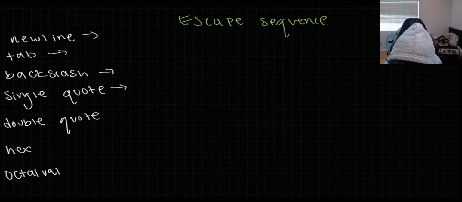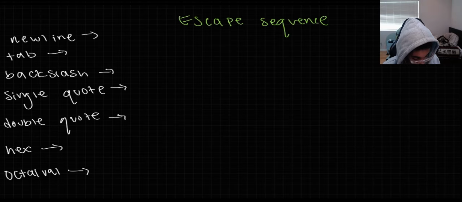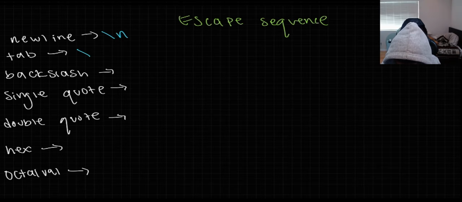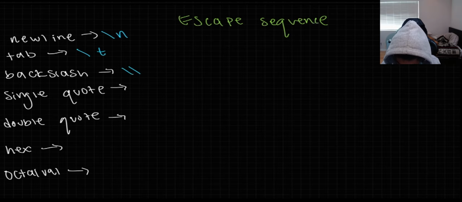For a new line, all you have to do is \n, for tab, \t. For the backslash, it's double backslash. For the single quote, it is backslash, single quote, and double quote is the same thing, backslash, double quote.